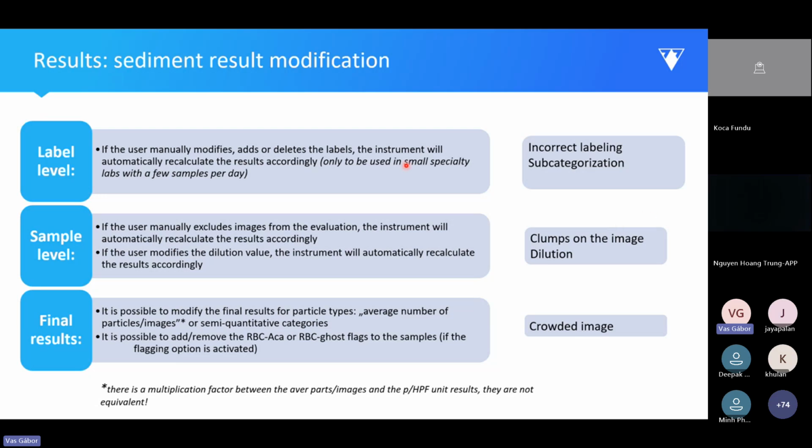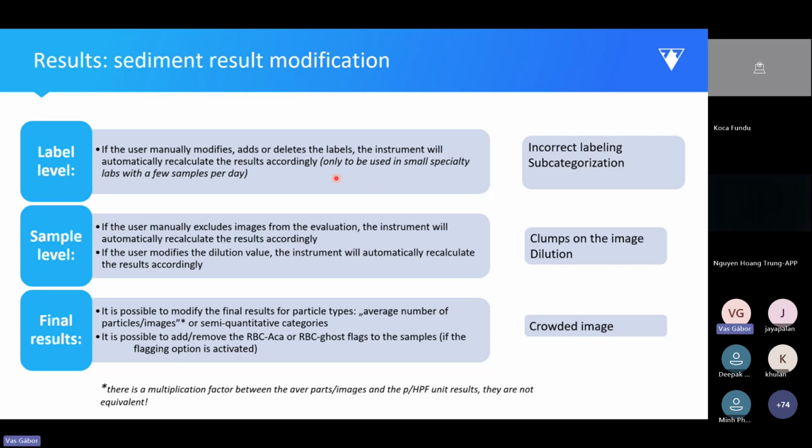You can go onto an image, delete or change certain labels or put down new labels when you feel the automated labeling is incorrect, or if you would like to subcategorize, for instance, red blood cells or non-squamous epithelial cells, then you can do it manually.